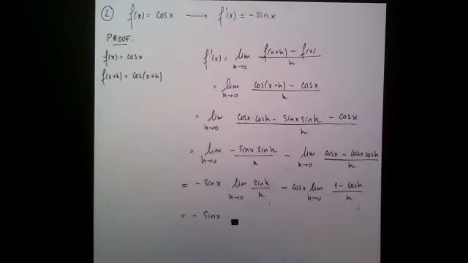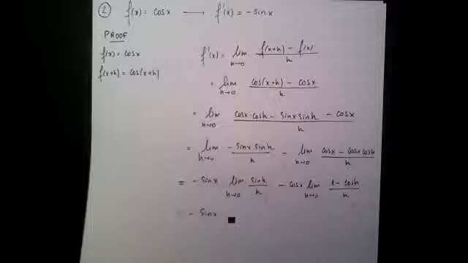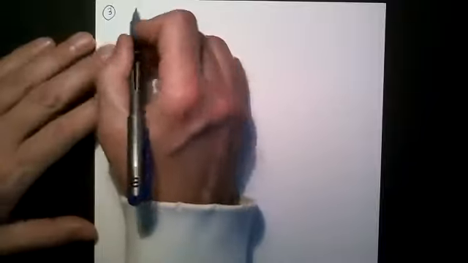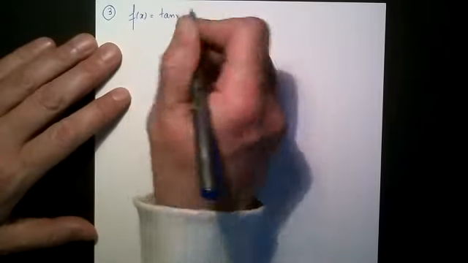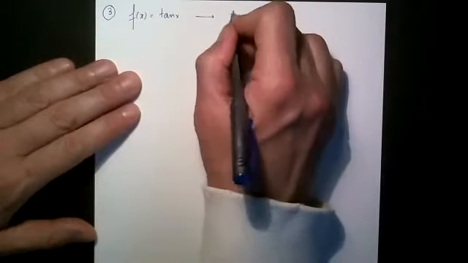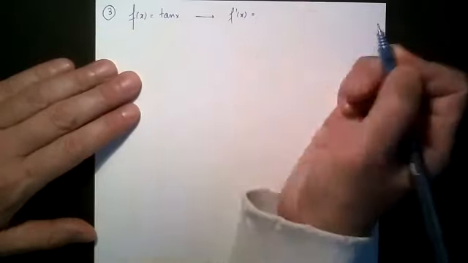Okay, number 3, let's do the tangent now. I'm going to do it myself because we're going to do it differently. So if f of x is equal to the tangent of x, then f prime of x, anybody know this one?